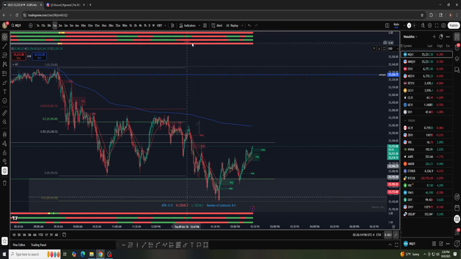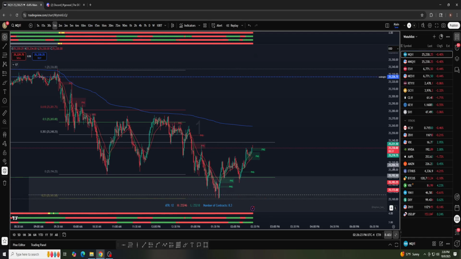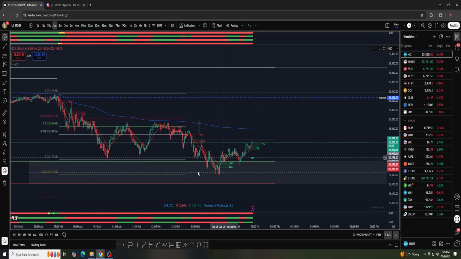And so the red dots, it's not an ATM machine. You want to use them in conjunction with other things. And the fact that we are in this 50% kind of support area, 50 to 61.8% support area, we had a market structure shift, this high was broken. It doesn't matter that dots flipped red here.